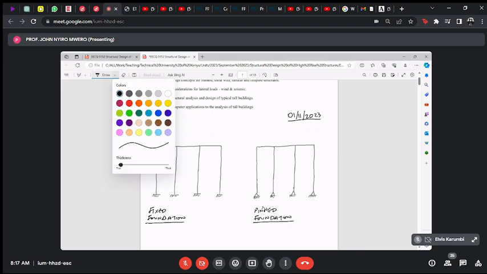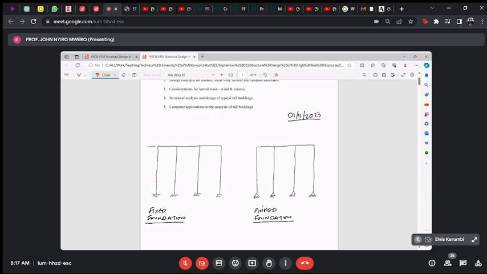Let both of them be loaded with a lateral load, like what we have been calculating. And that will be a lateral load on the frame.